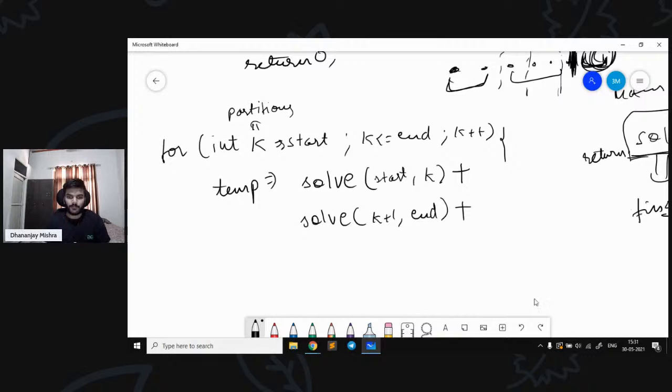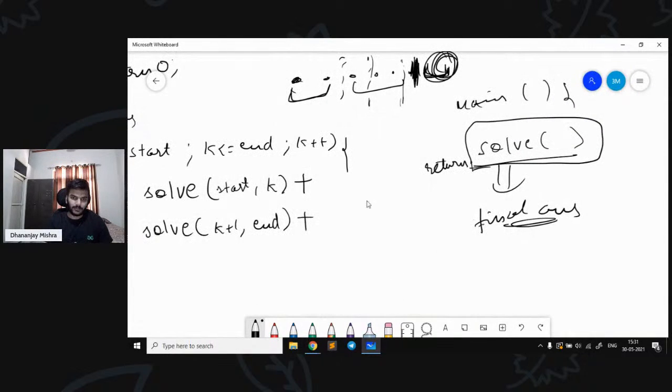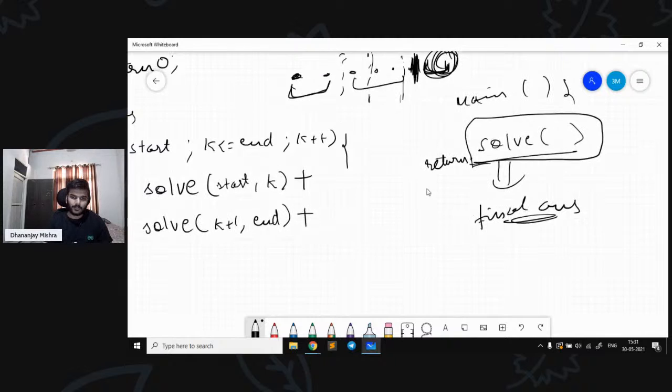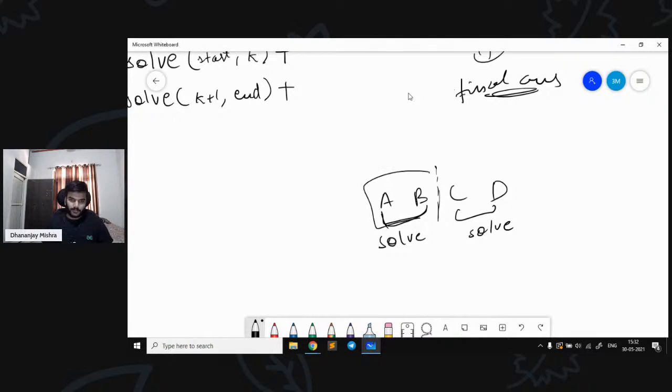Okay, one more thing here: we are done with calculating the left and the right partition, right? So if I take this example A, B, C, D, I did this partition and called my solve function for this left part and this right part also. Now, is this enough? No, because, as I said, these two matrices when multiplied will fetch me a single matrix.